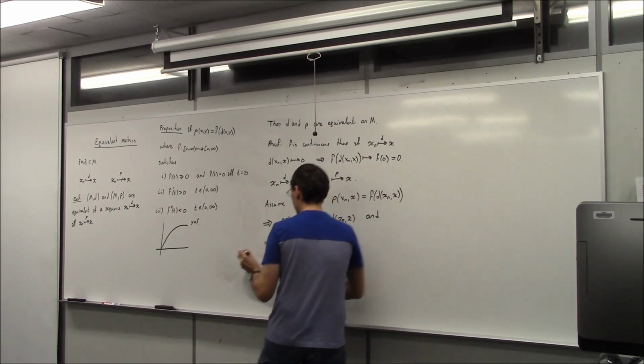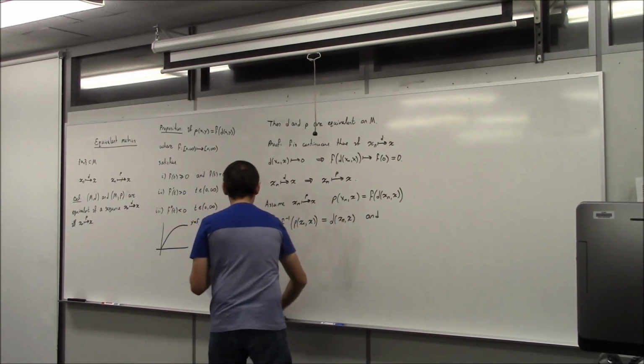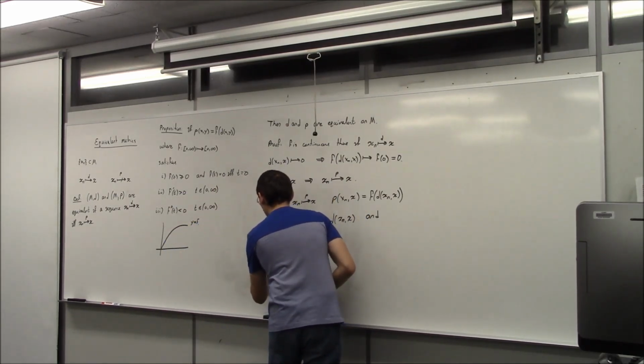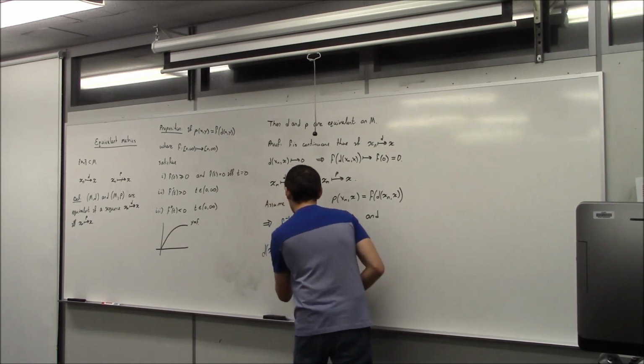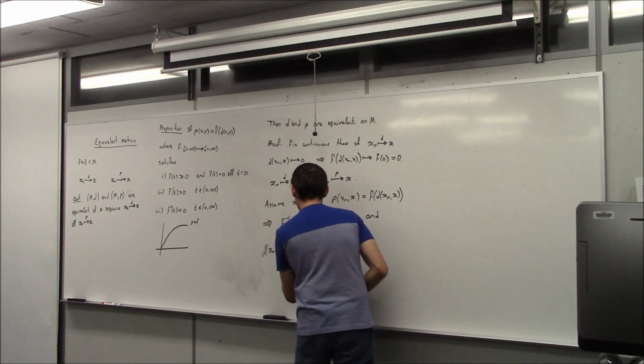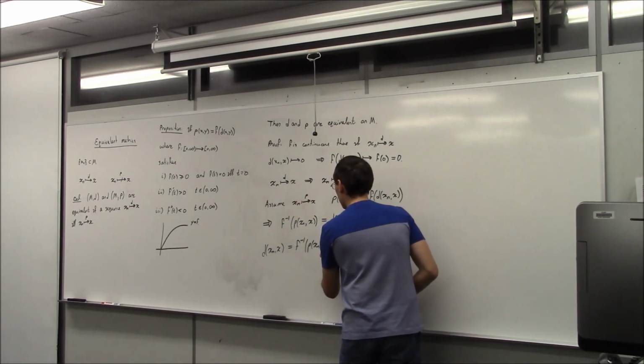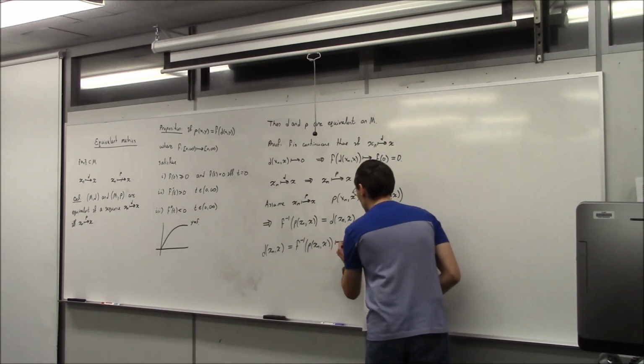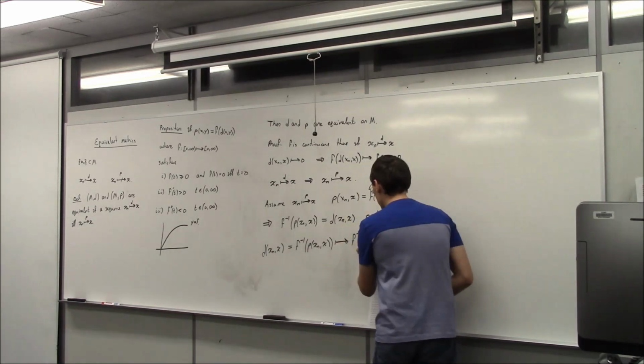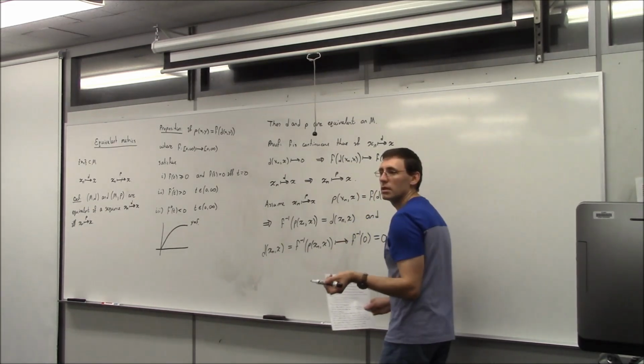So we have that the distance of xn to x equals f inverse of rho of xn, x, and because the inverse is a continuous function, this goes to f inverse of 0, but f inverse of 0 is 0.